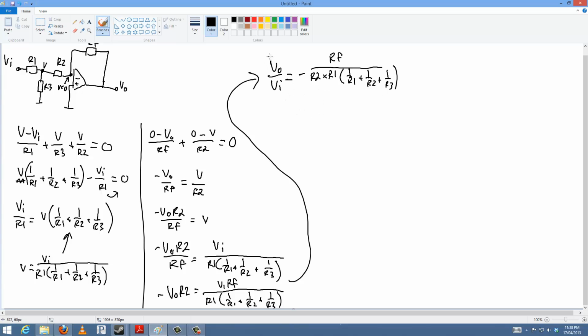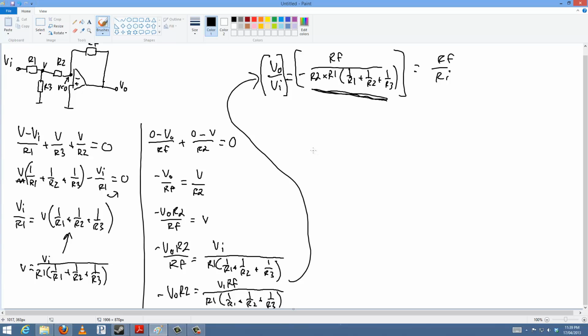And you'll see that this right here is our gain, which is just RF on Ri. So that means this entire bottom equation here will be equivalent to RB.